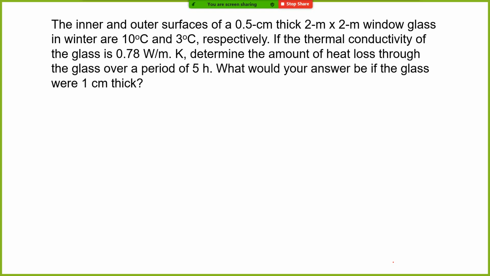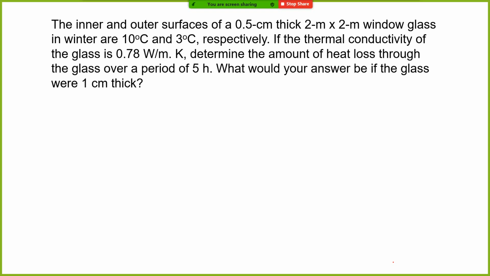Determine the amount of heat lost through the glass over a period of 5 hours, and then it asks, what would your answer be if the glass was 1 centimeter thick?